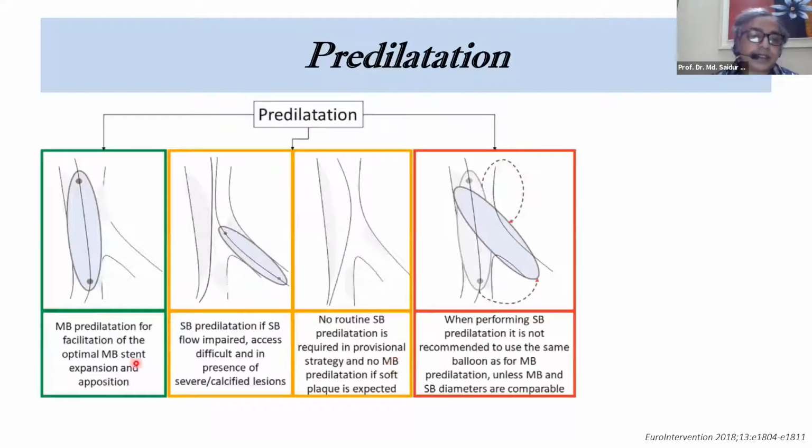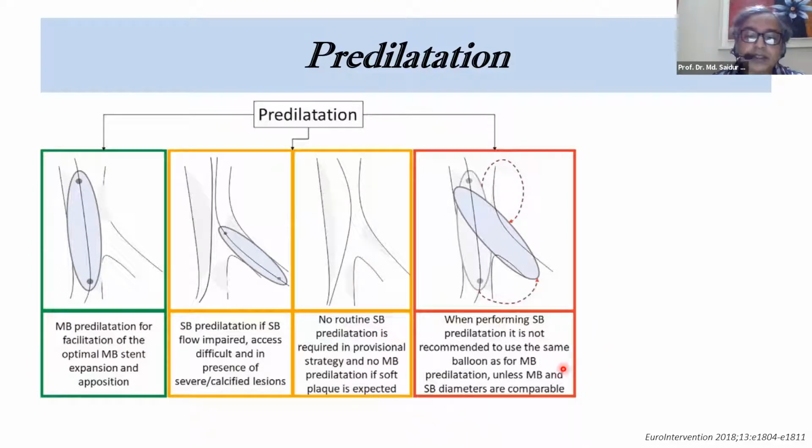Coming to the pre-dilatation, pre-dilatation of both main and side branch is very much necessary if both are diseased, like the normal PCI also, where vessel bed preparation is very important. But no routine SB pre-dilatation is required in the provisional strategy, and no MB pre-dilatation is even necessary, like other PCI, if a soft plaque is expected.